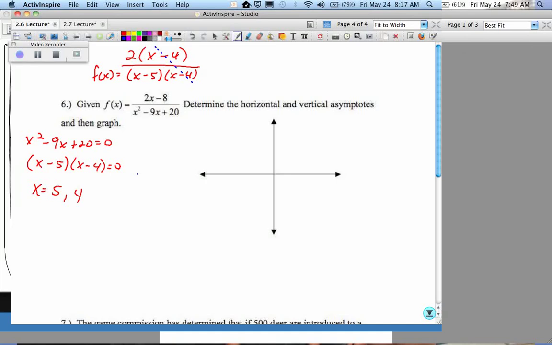So go out to 5. Where's my horizontal asymptote? What's my degree on top? Degree on the bottom. What happens when it's the small degree on top, big degree on the bottom? Goes to 0.